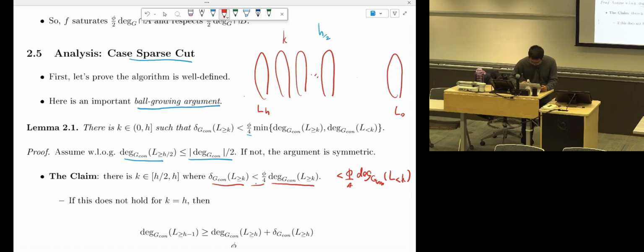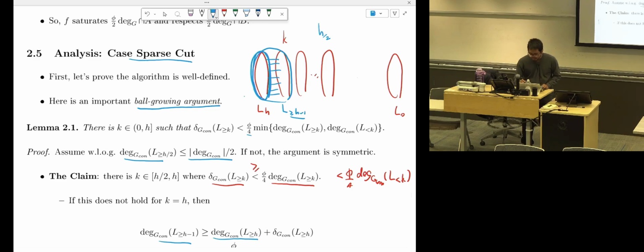Suppose that this is big, right? What we get is, if you look at this cut, the layer h minus 1, this is going to be at least the degree, the volume of this part plus the edges crossing the cut, right?